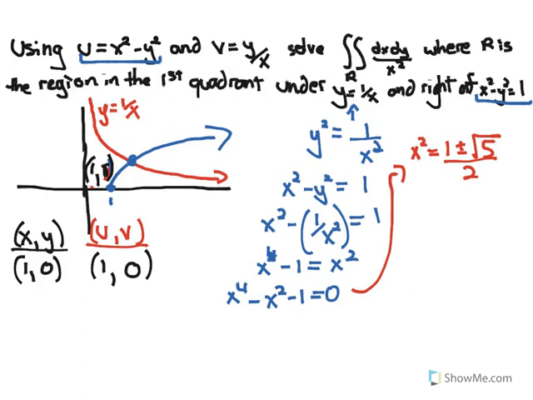Fair enough. Now, let's remember what the y value is here, right? This is the point x and 1 over x. Okay? So we know x is the square root of that, and here's the tricky part.